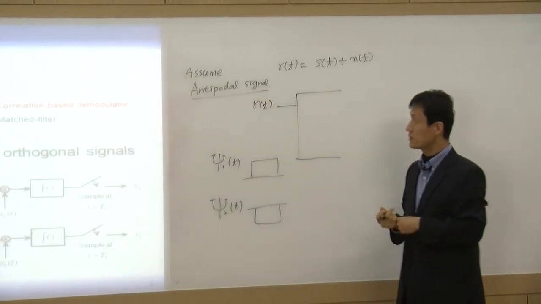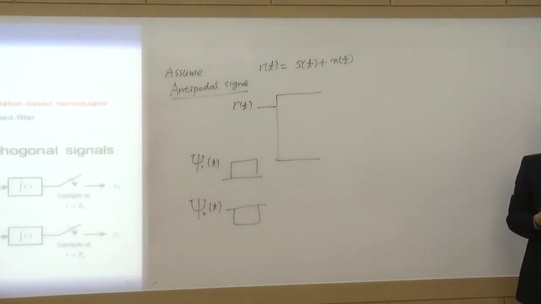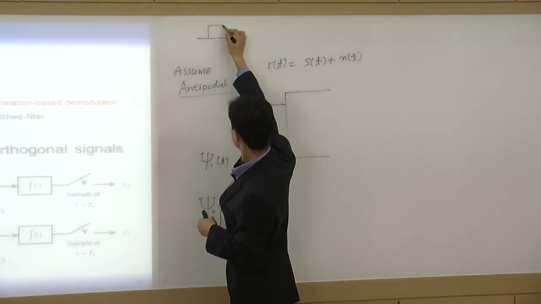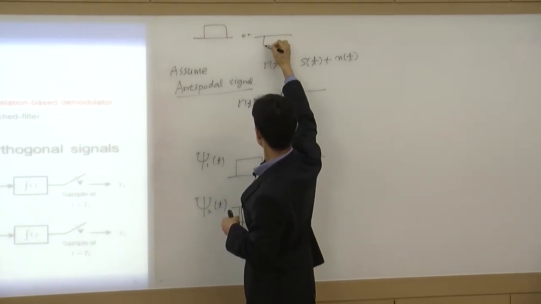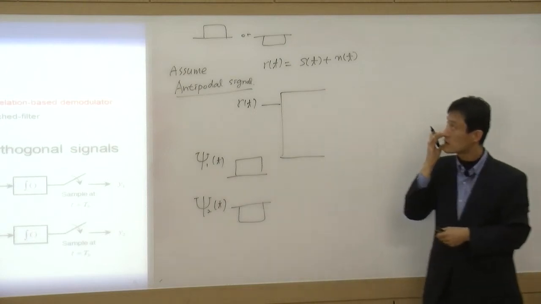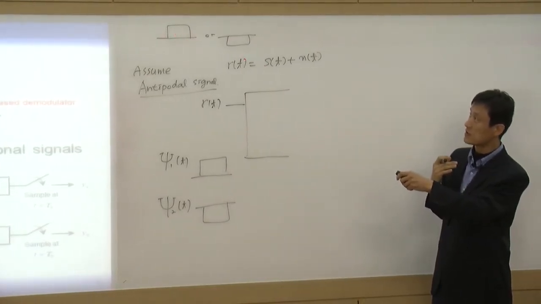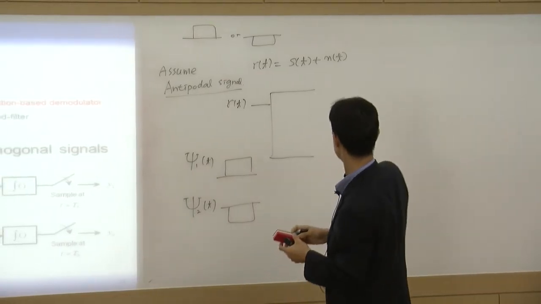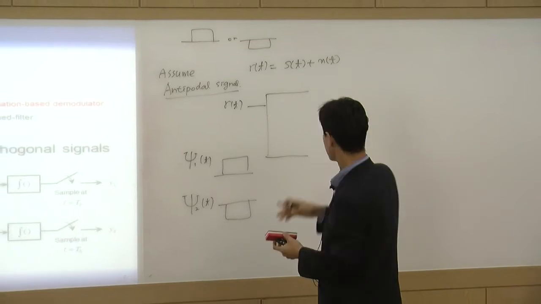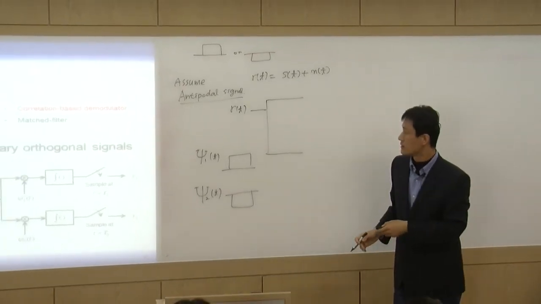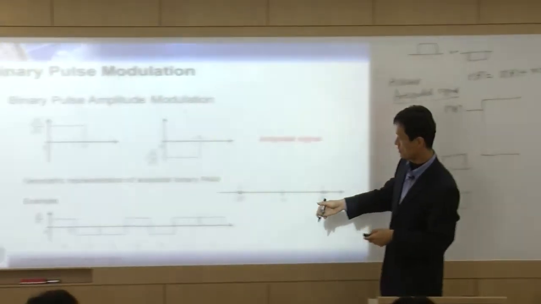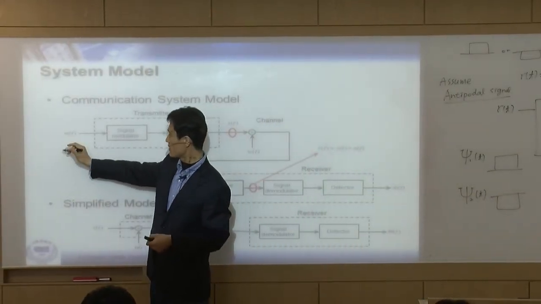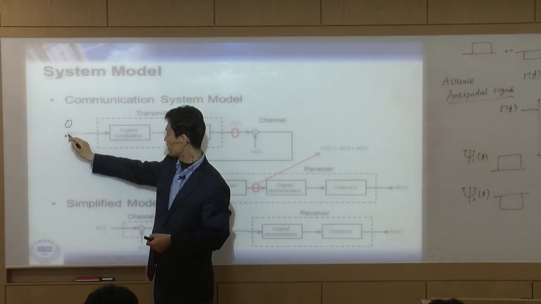So let's assume the antipodal signal, right? Which means that the transmitter transmits either this one or this one. So that's our transmitted signal. Let's go back to the transmitter for one second. Right here in the message, we are transmitting 0 or 1, right?